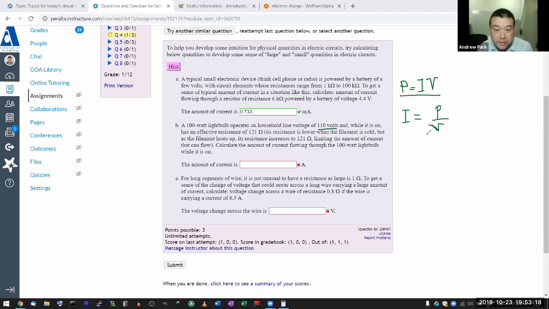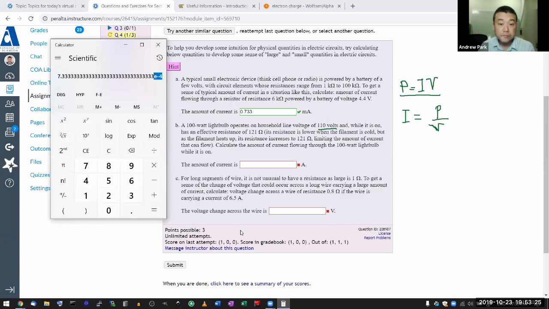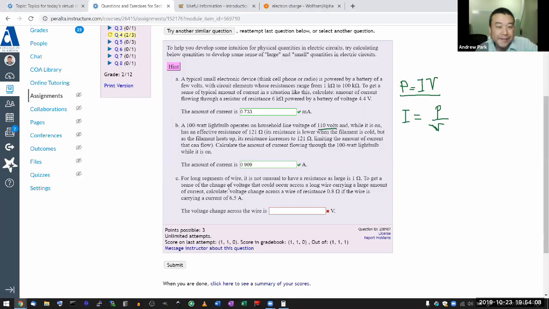I think I can do this on my calculator. So the power here is just 100, that's the rating of the light bulb, divided by voltage, that's the 110 volts. So divided by 110. So 0.91 or 0.909. All right, let's see. All right, that was correct.